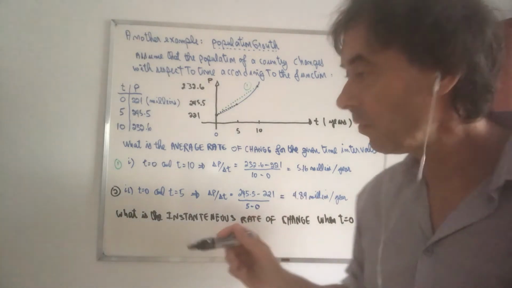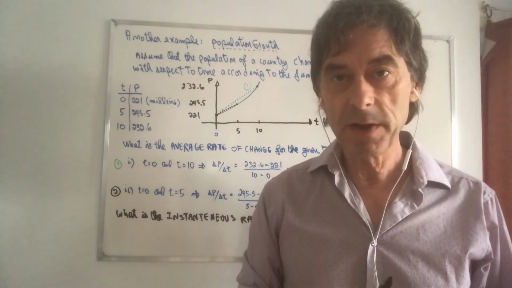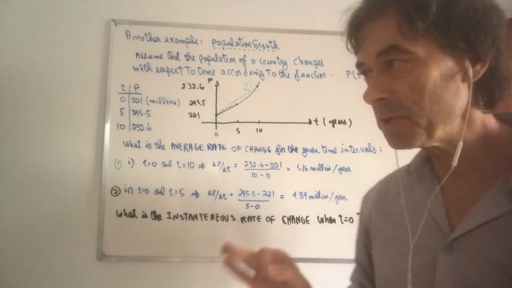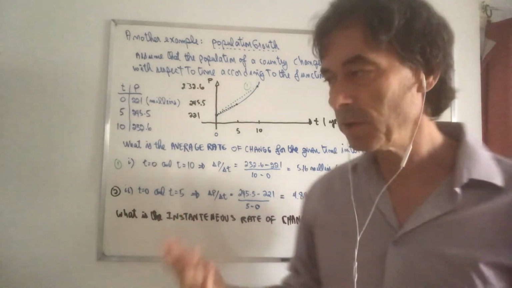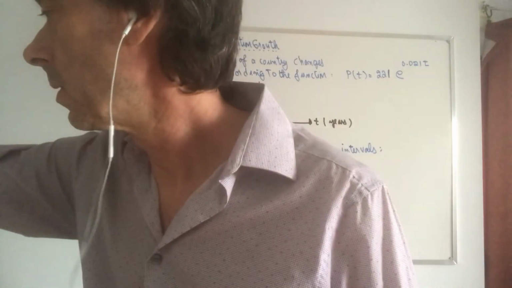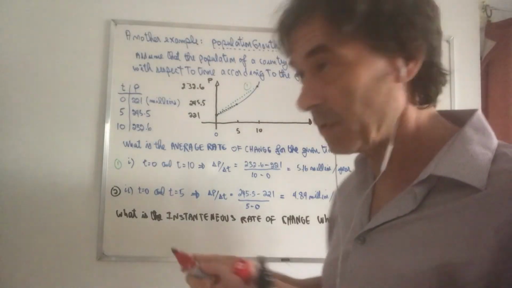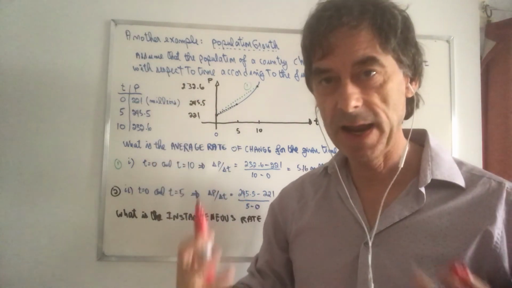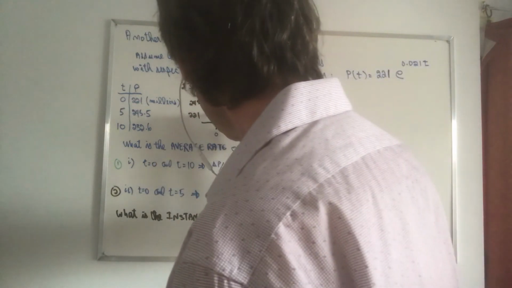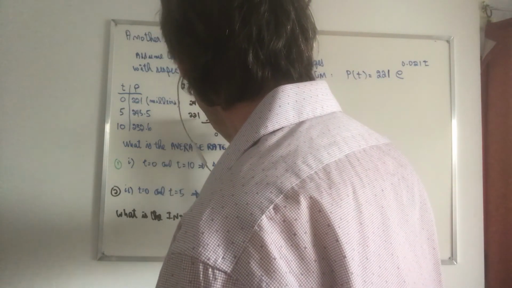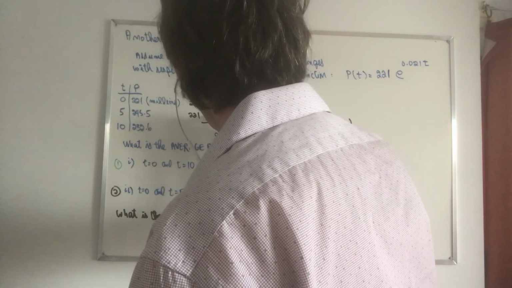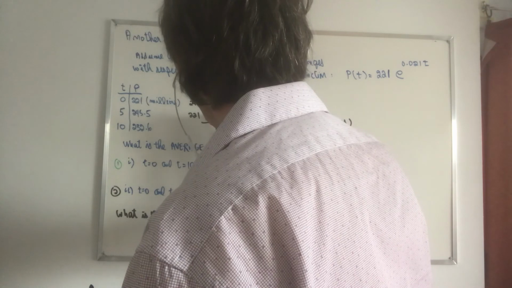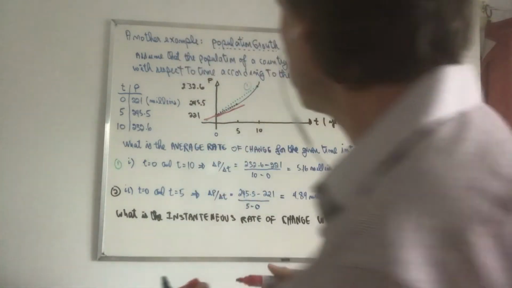So not an interval anymore. Now a specific point on the graph. At time 0, which we can assume, for example, in this problem is the year 2020. How fast is the population changing today, now? I have to be careful here. I have to try to make something that looks like a tangent line to the graph.